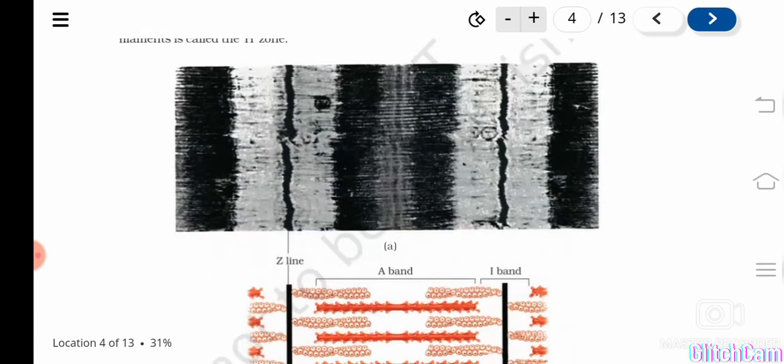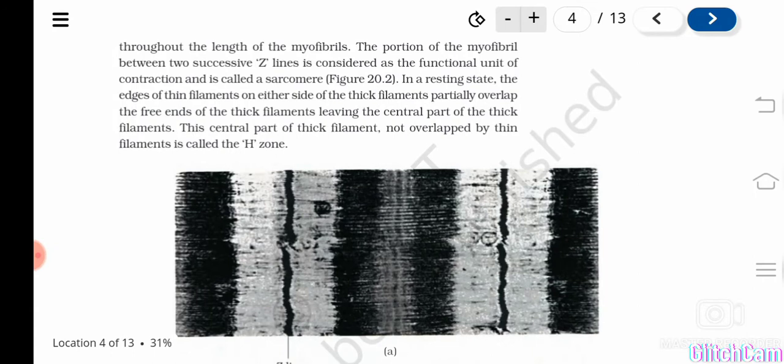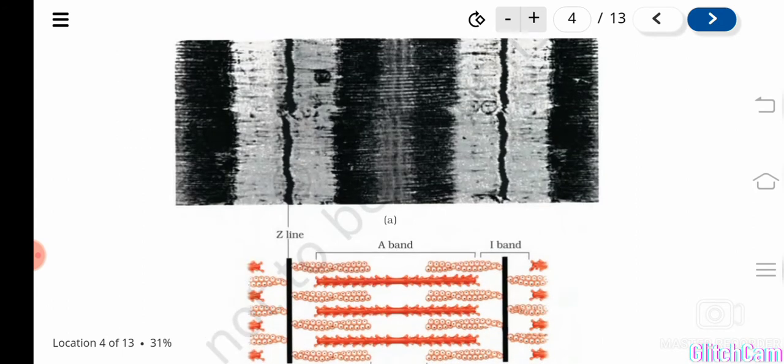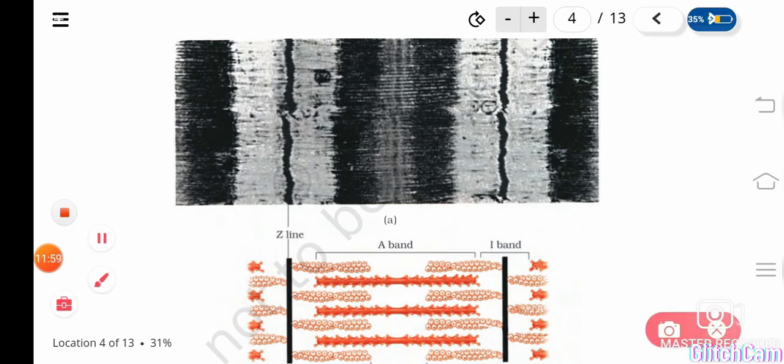Okay, so you can see that, understood, in resting stage, the edges of the thin filaments on either side of the thick filament, okay, you can see here, this is what? This is the A band, this much is the A band and this is the I band, and this is the Z line.